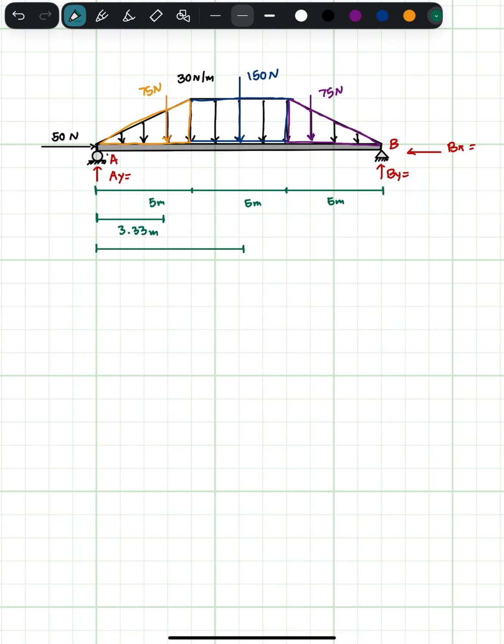Well, if it's halfway and the whole beam is 5 plus 5 plus 5, 15 divided by 2, 7.5 meters. And then my last one, how far is it? It's about right here. And so then it's 1/3 away in terms of looking at it this way.